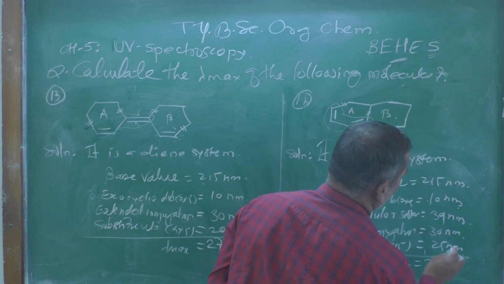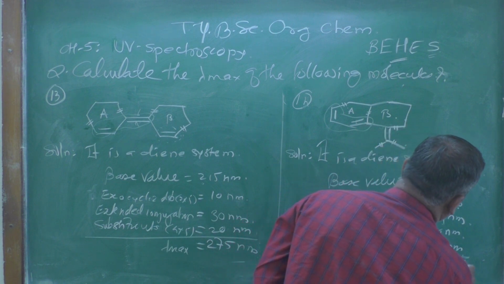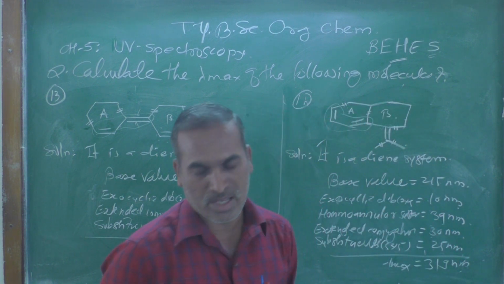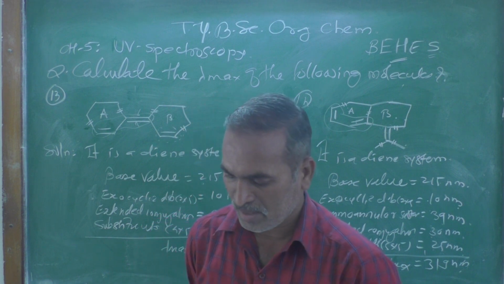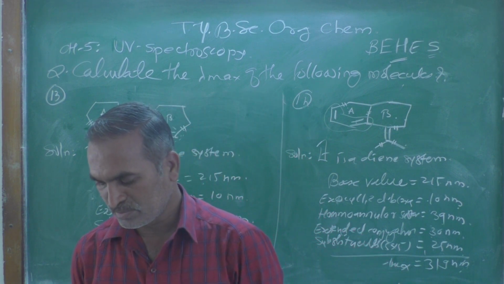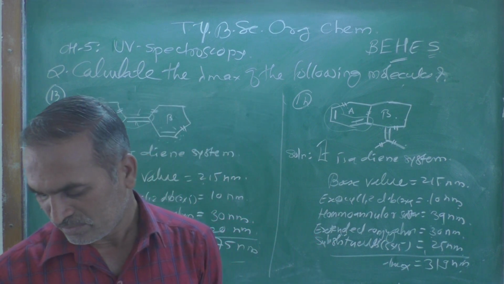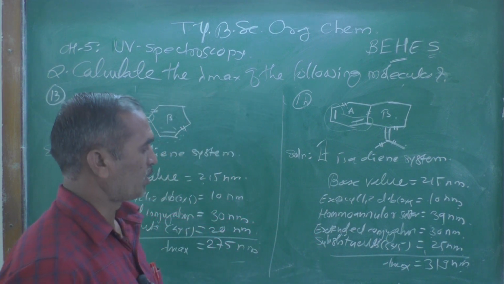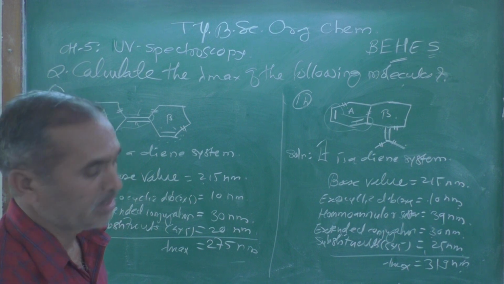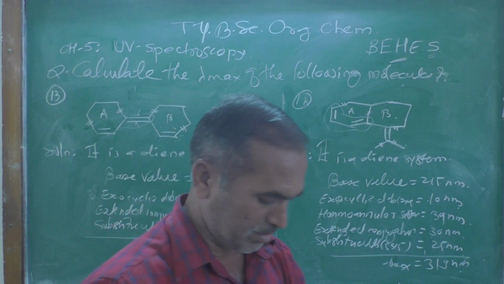Here 319 nanometer is the answer, the lambda max of this compound. So in this way you can calculate the lambda max of any diene system.